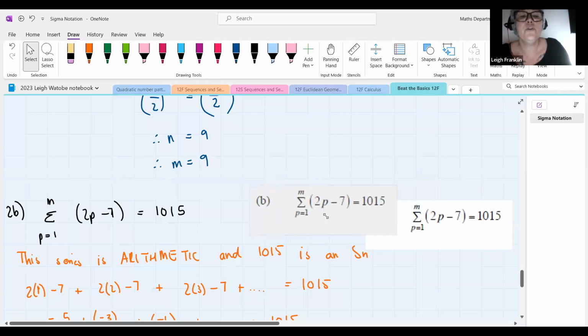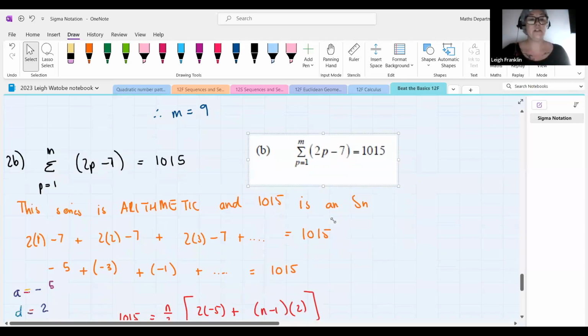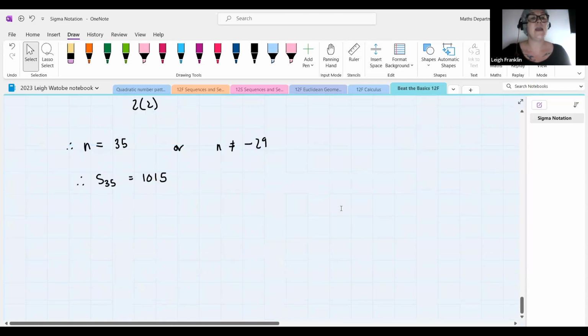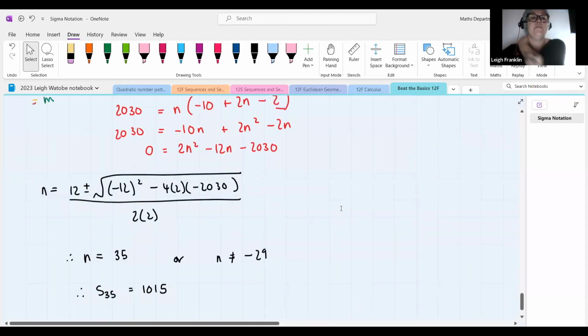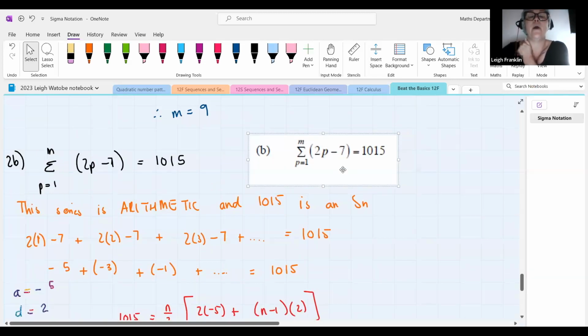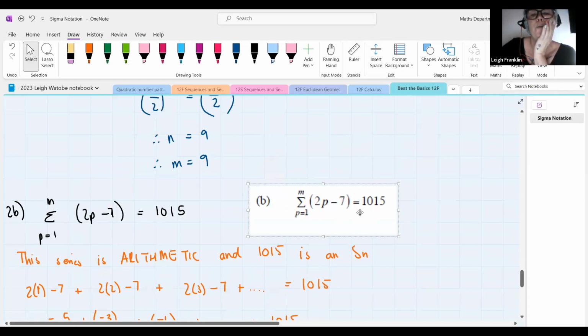So the rest of you can do this for homework. If you want to, you can take a screenshot of all of this and then check that you got it correct. So you should get that n equals 35. Or you can come back to the video and watch it again to get the answer, but just see that you can work backwards with this question as well.